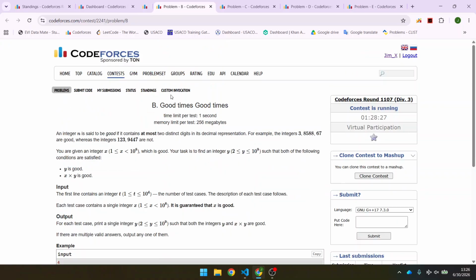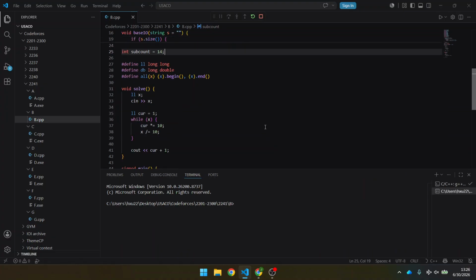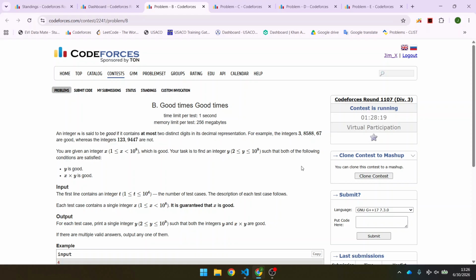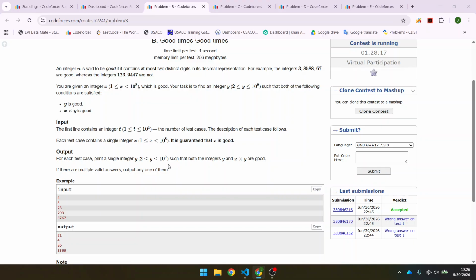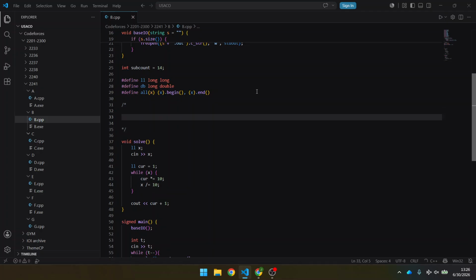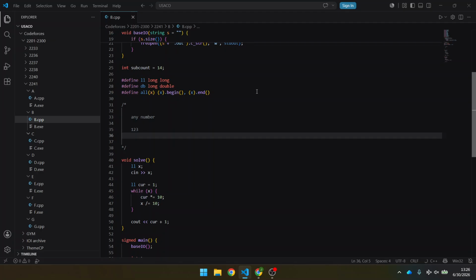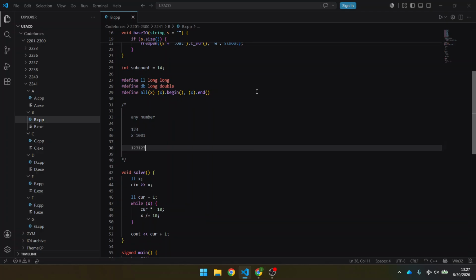For problem B, so what I did was, for any number, let's say 1, 2, 3, you can just multiply this by 1001, and you'll get 1, 2, 3, 1, 2, 3. Just copy the number and then the number copied again, so you concatenate the number together.